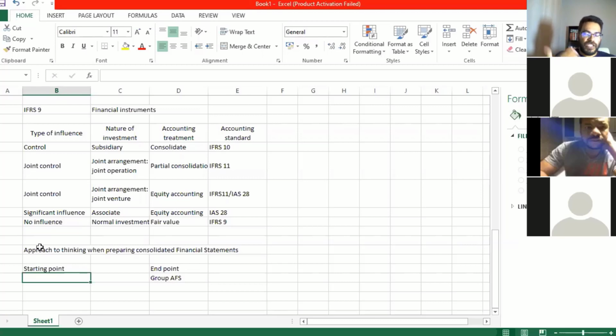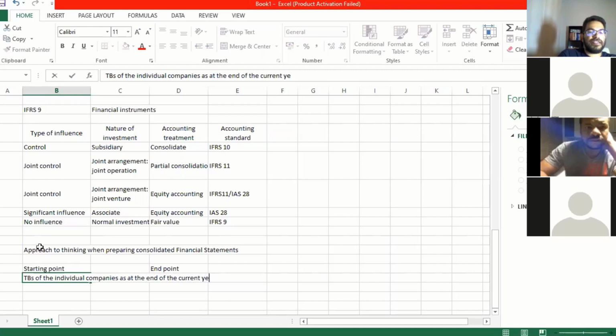Your starting point is as follows. Your starting point is the sum of your separate trial balances. So your starting point is the TBs of the individual companies as at the end of the current year.